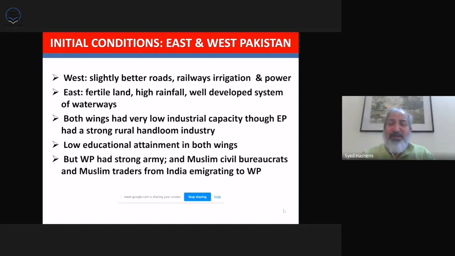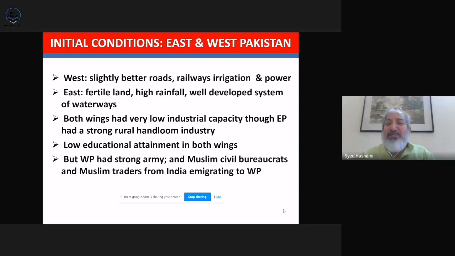But very importantly, West Pakistan had a strong army because much of the British Indian army comprised people from the Northwest Frontier Province and from West Punjab, which constituted Pakistan.